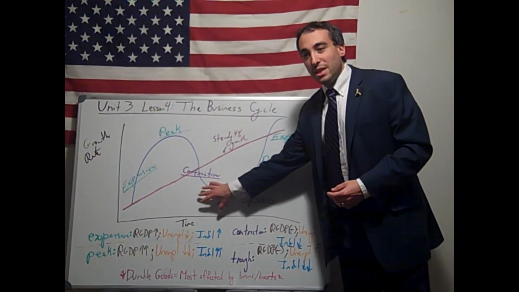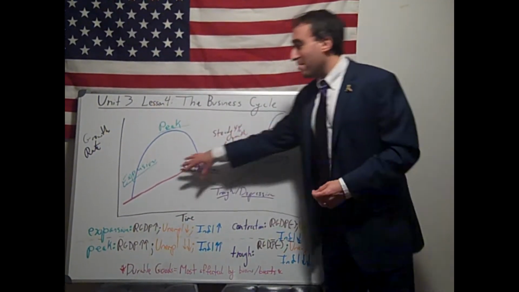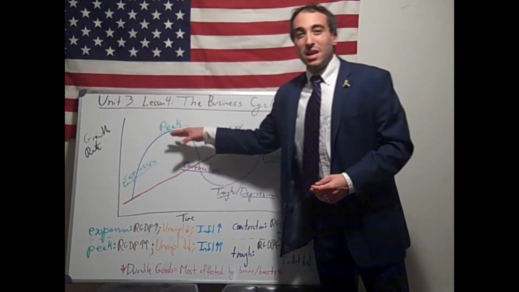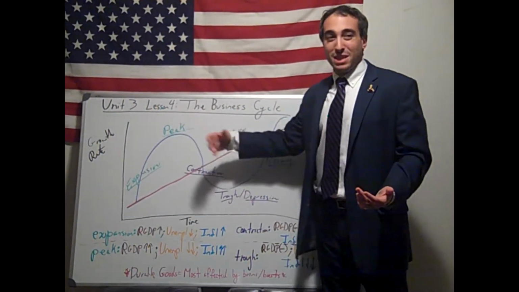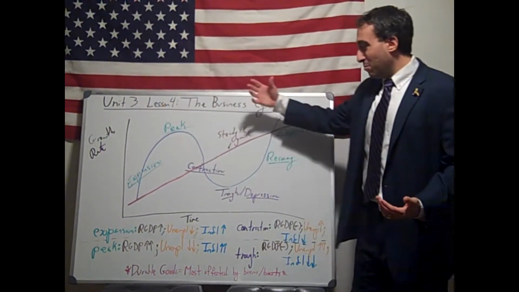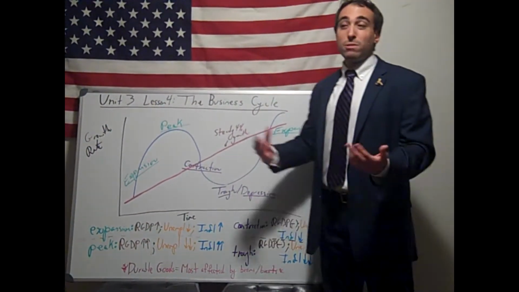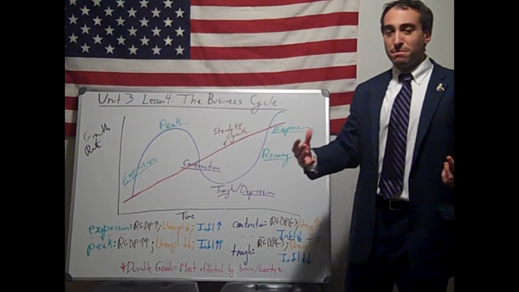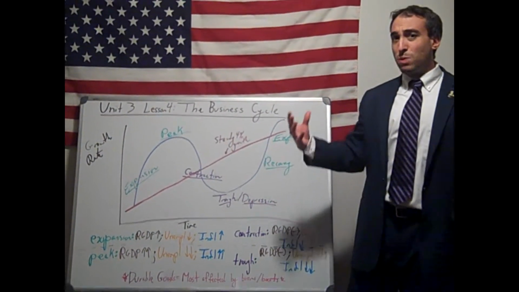Unfortunately, all of these time periods, we see time here, are unknown. These could be quick peaks, extended peaks, prolonged contractions and prolonged recessions, or quick recessions. Unfortunately, the Great Depression was 1929 to 1941, that was 12 years.